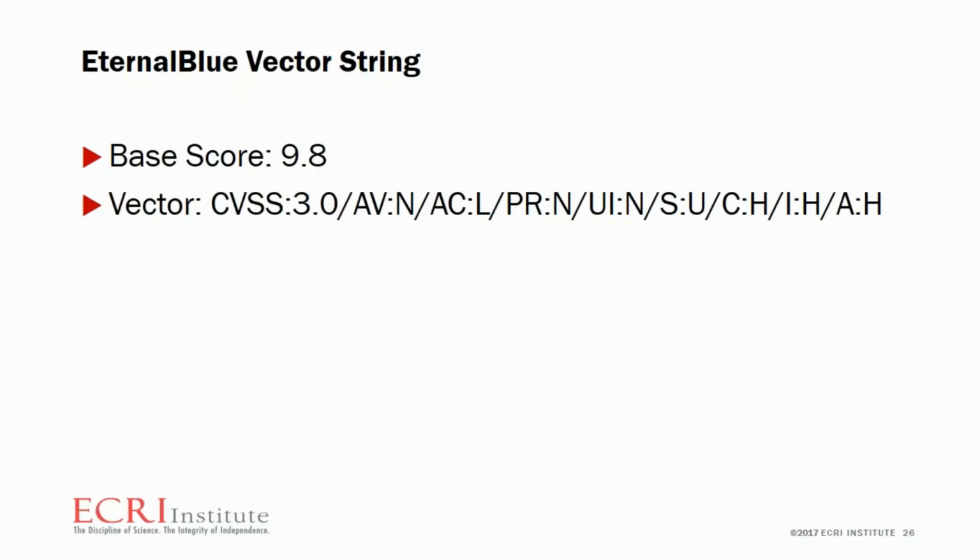This is the vector string for EternalBlue. Obviously, I could tell you that would be pretty ripe for worm activity, and of course, this is the vulnerability that resulted in the WannaCry and Petya ransomwares of 2017.